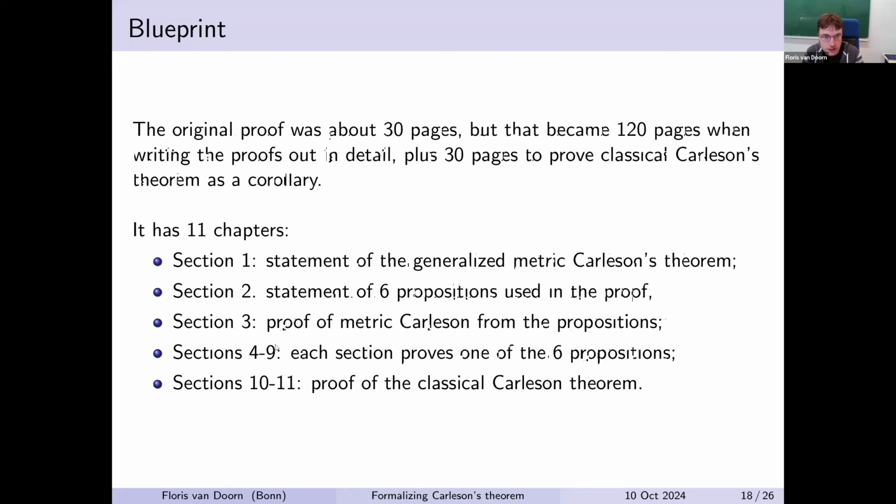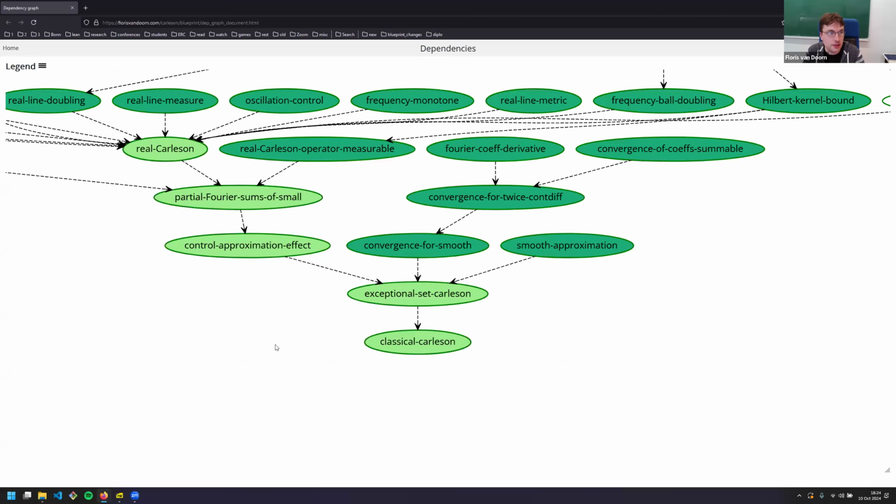I can show you this structure by going to this website. We're using the blueprint software developed by Patrick Massot, which contains a LaTeX proof but also connections with the Lean proof. What you see here is a part of all the results.